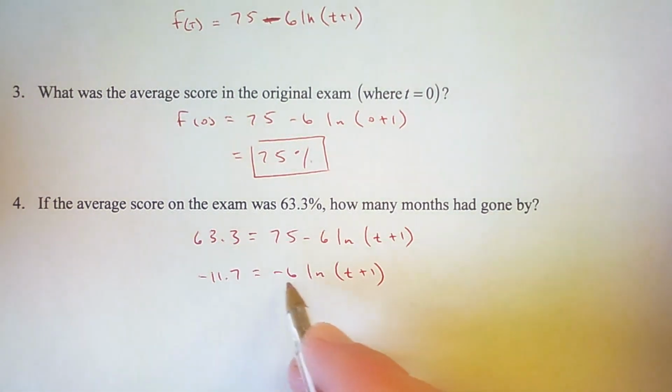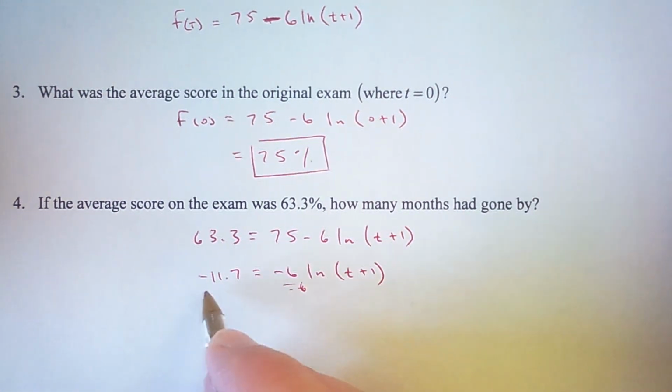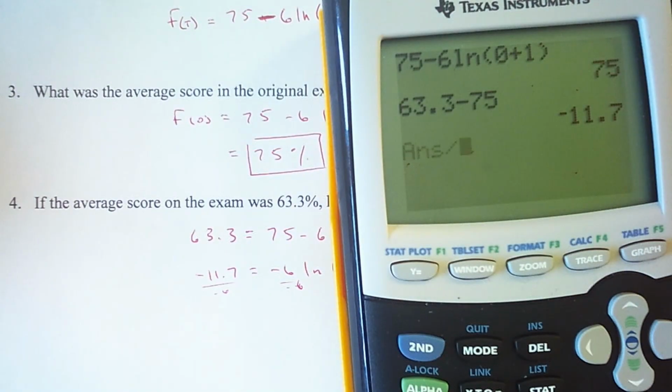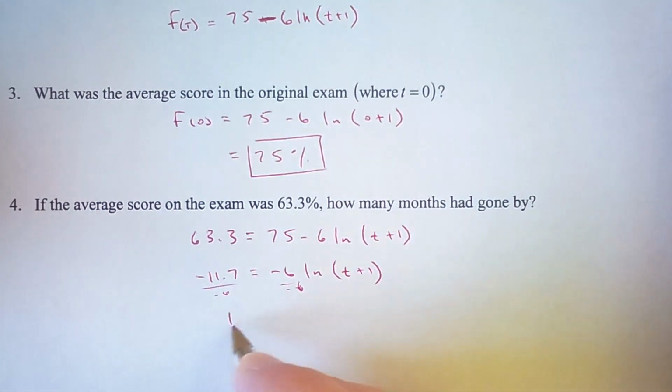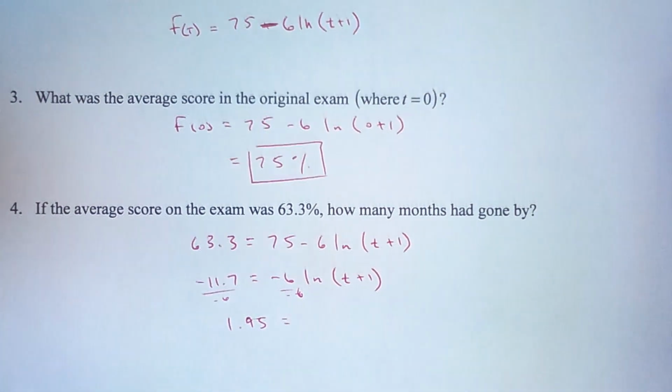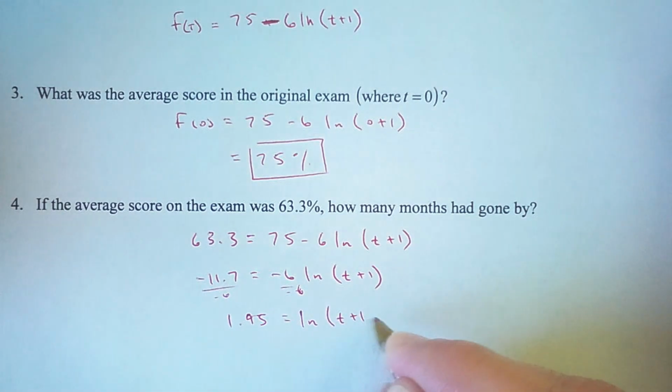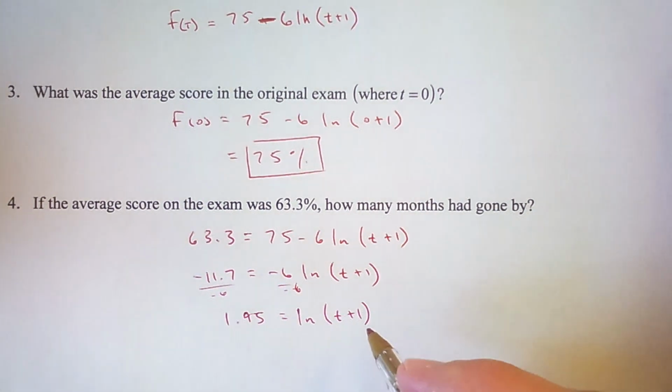The next thing I can do is divide by negative 6, and I get 1.95. 1.95 equals natural log t plus 1. Now natural log is log base e.